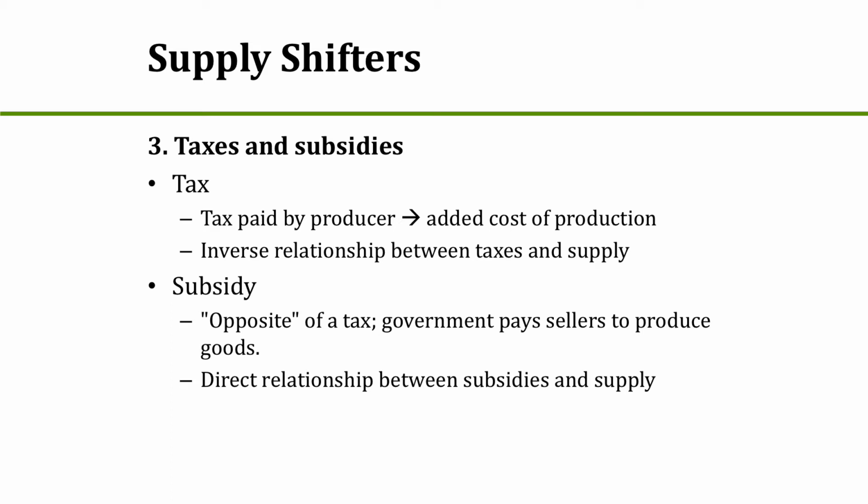If the subsidy amount increases, the producers will have less cost in the production process, which will give them incentive to produce more, and the supply will increase. So when subsidy increases, supply will increase and shift to the right. In the opposite direction, when subsidy decreases, supply will shift to the left because supply is decreasing.